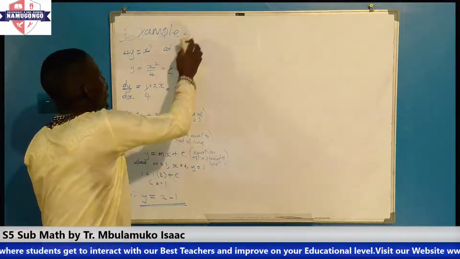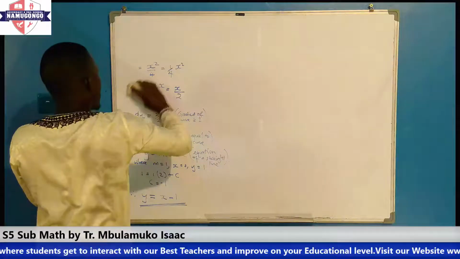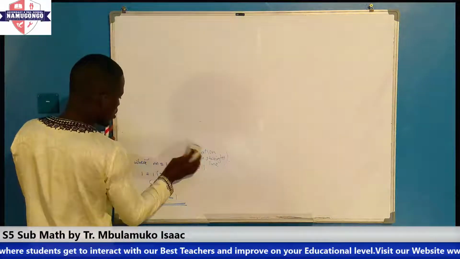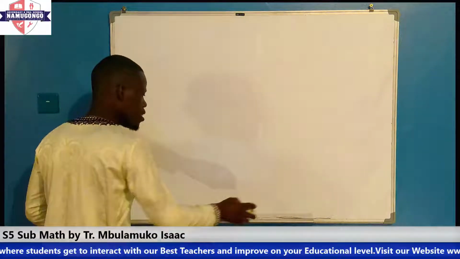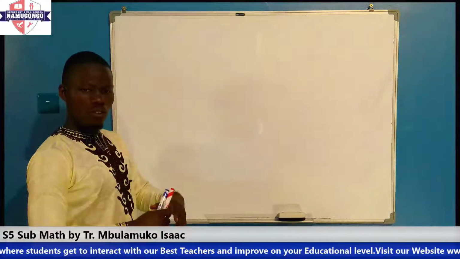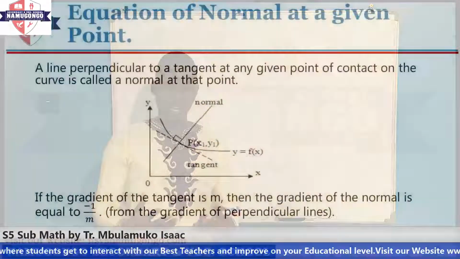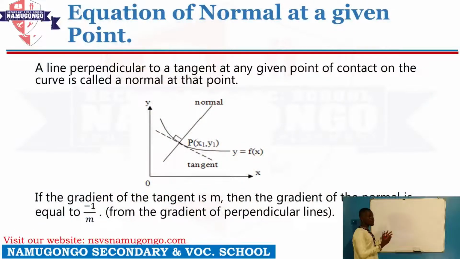Now, we are going to look at a normal, and a normal is also a line, and this line is perpendicular to the tangent. As you can see in our diagram, they've drawn for us a curve, and at a point where this curve meets the line, which is the tangent, this tangent also has another line perpendicular to it.